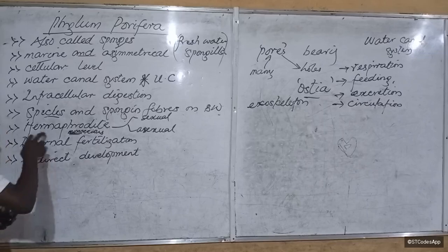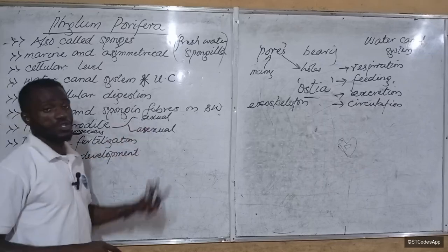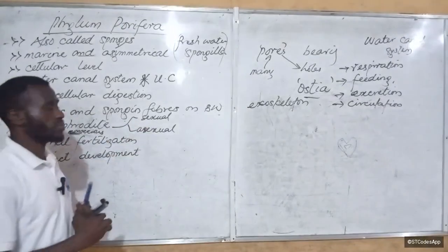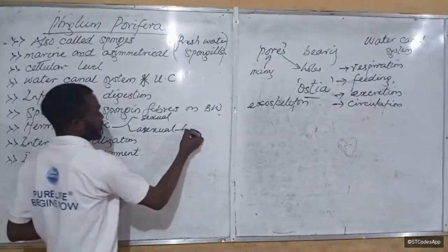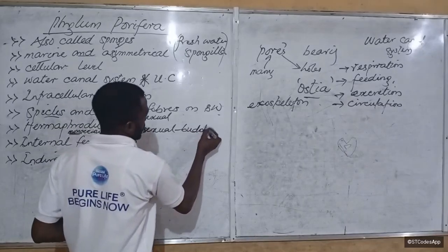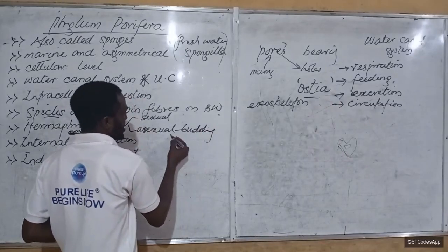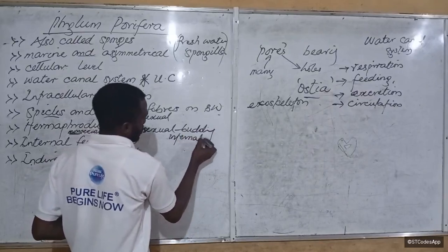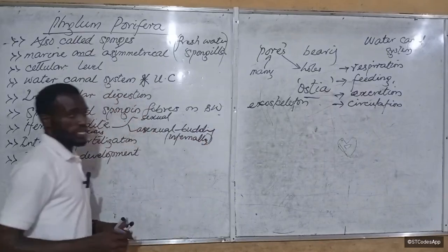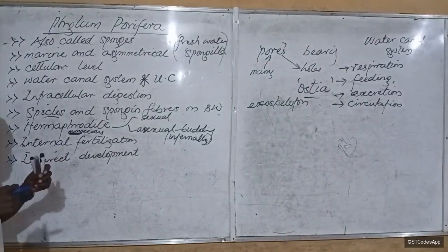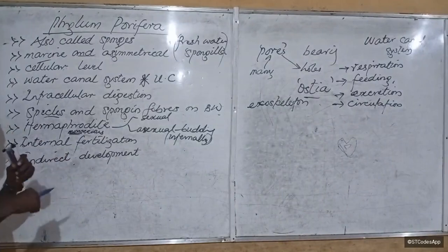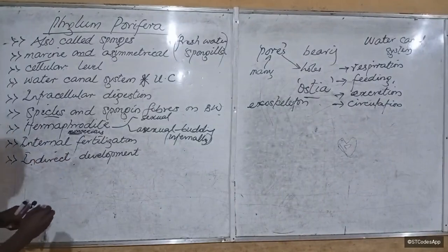So that's hermaphrodite. They exhibit both sexual and asexual reproduction. The asexual reproduction is primarily by budding, and it is internal budding. It's not external. The bud is going to grow inward and get detached, and a new organism is formed.